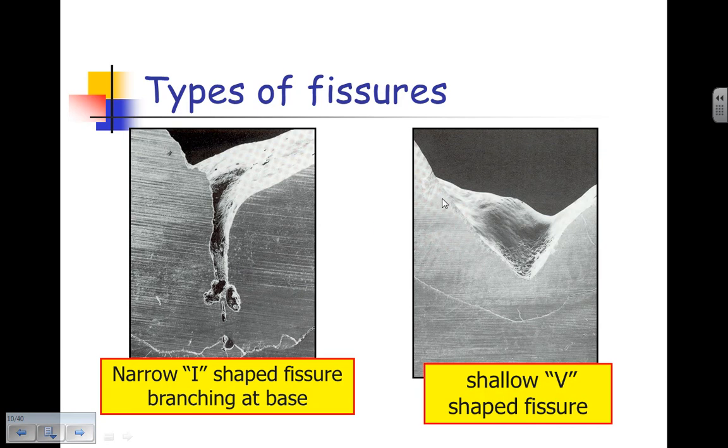We compare that to a very shallow V-shaped or U-shaped fissure, which is at lowest risk of developing caries on an occlusal surface. And in fact, our judgments whether to place a sealant are changed based upon those topographies.